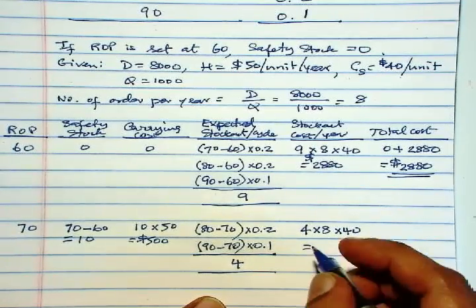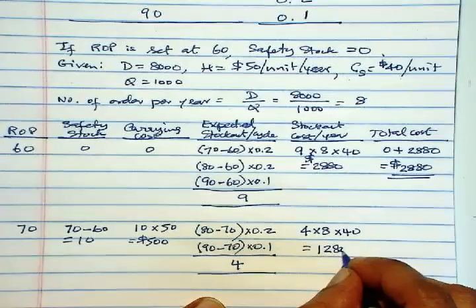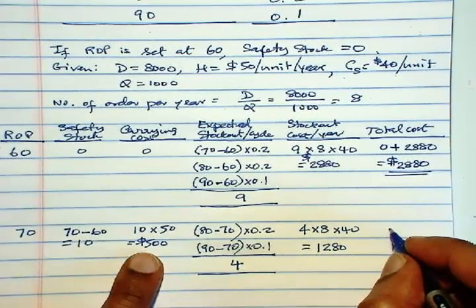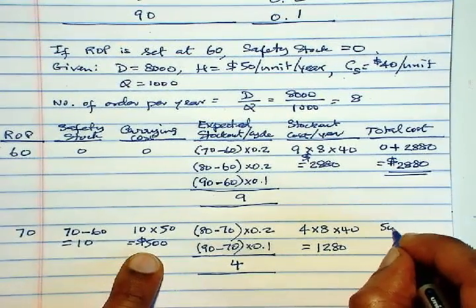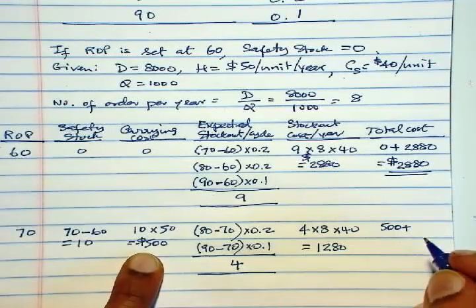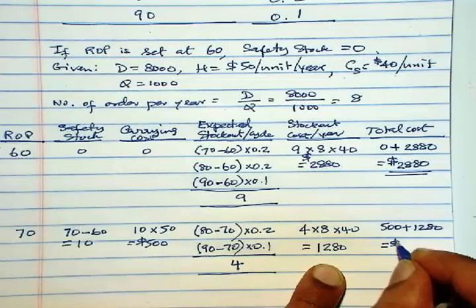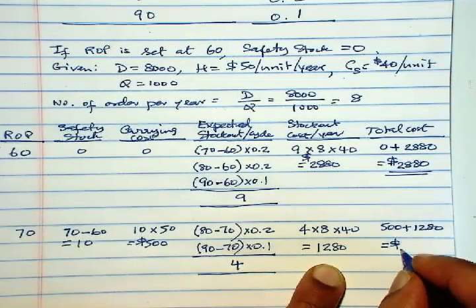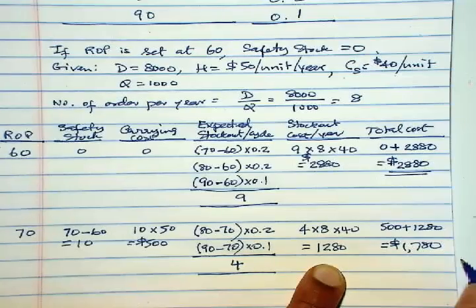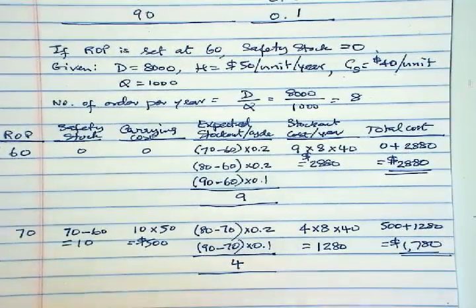So this will give us $1,280. So 500 for carrying cost or holding cost, $1,280 for stock out cost will give you a total cost of $1,780 if we set the ROP at 70.